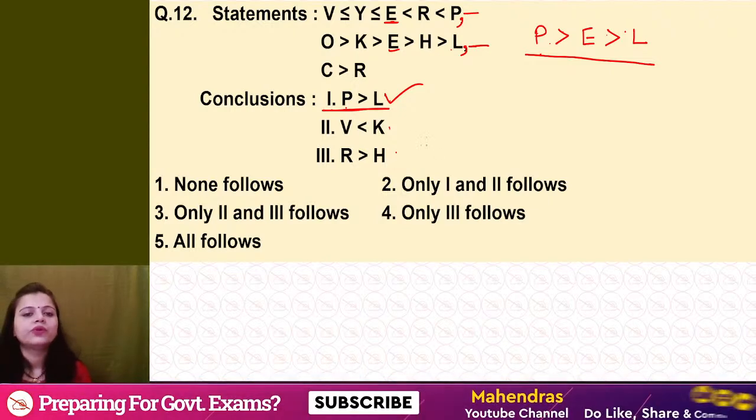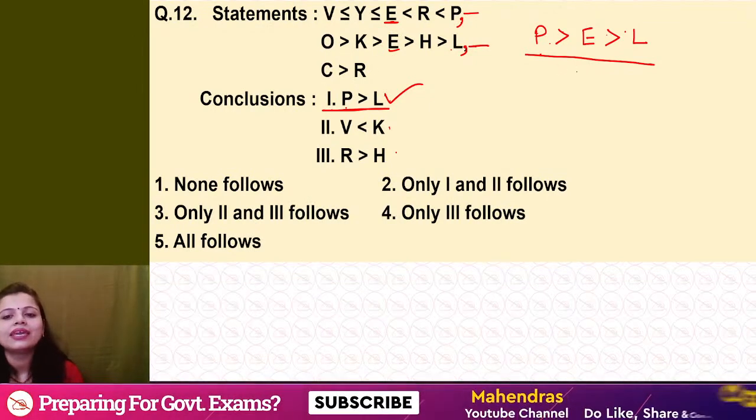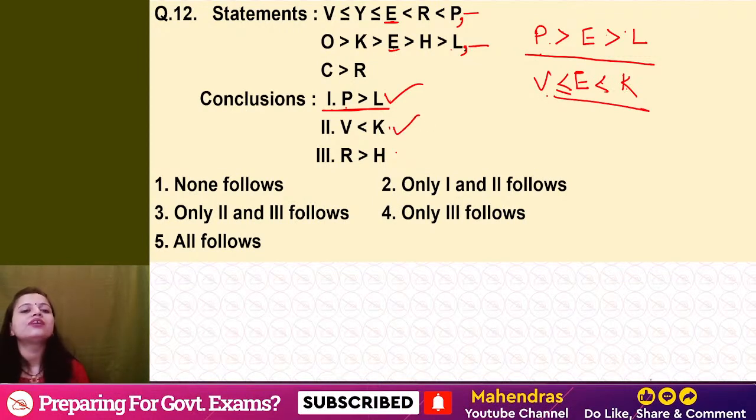So next, V and K. See, V is present in the first and K in the second. Again, E is common. So V is less than or equal to E and E is less than K. So that means we are getting V is less than K. So the second one is again right.